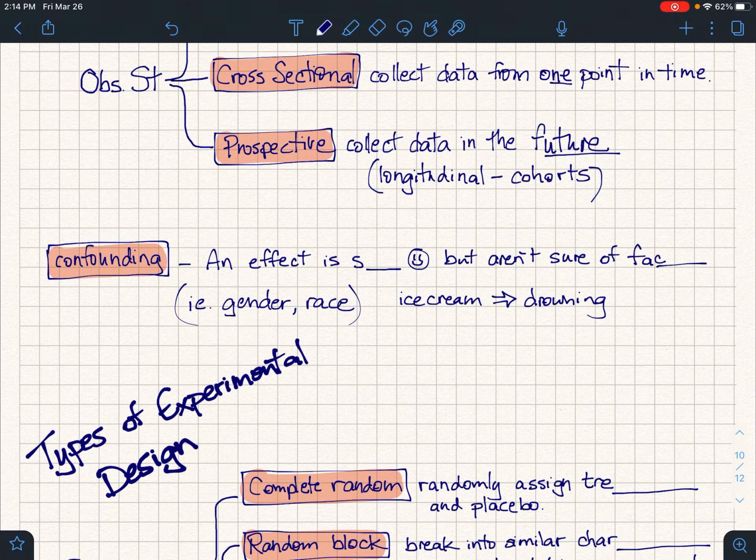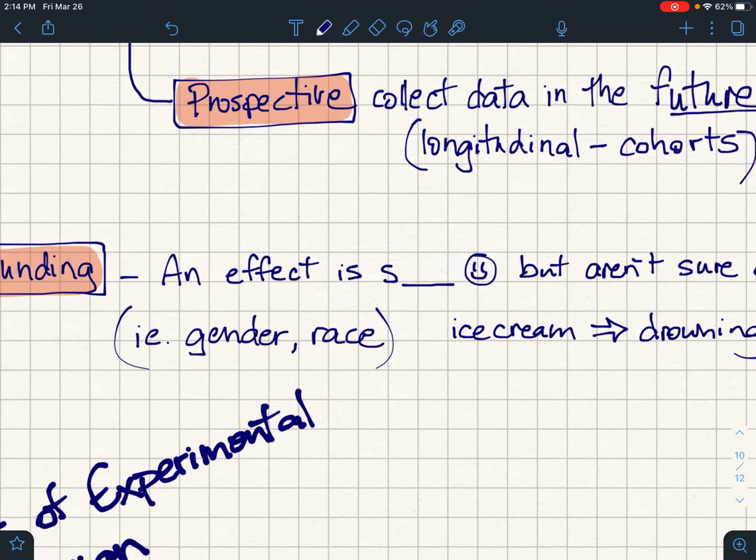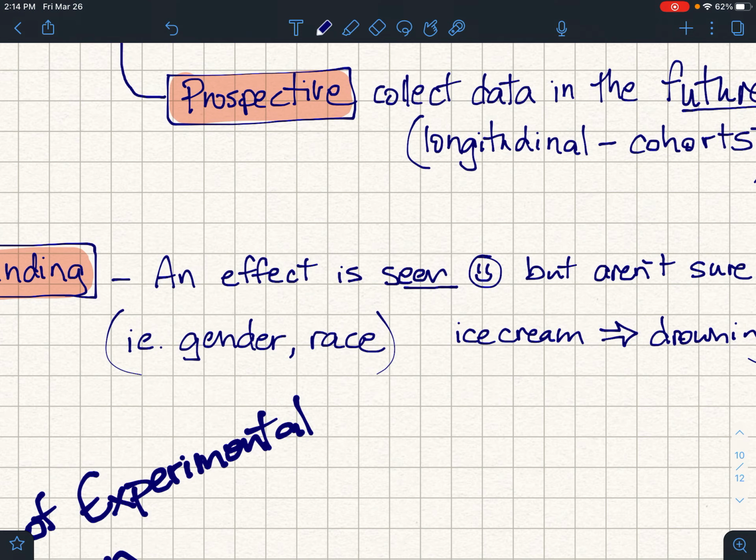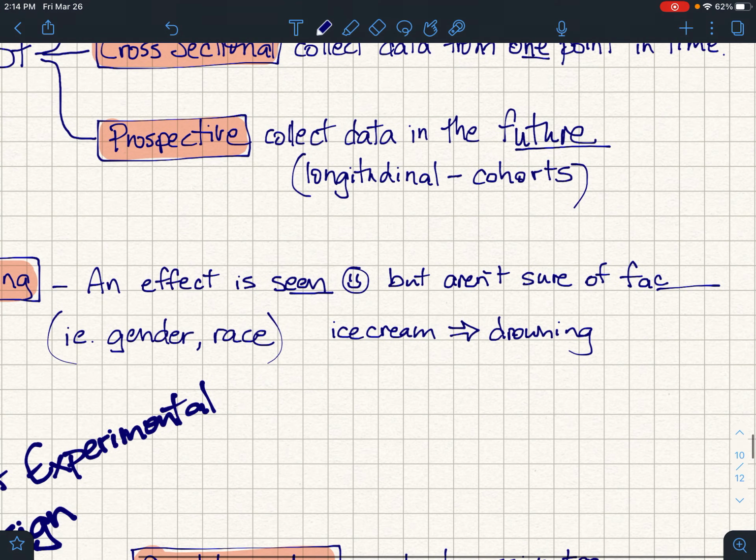We've got to be careful with confounding variables. These are variables like the ice cream in the drowning. We see an effect, okay? But you aren't sure of the factors. Like, why is that causing that effect?